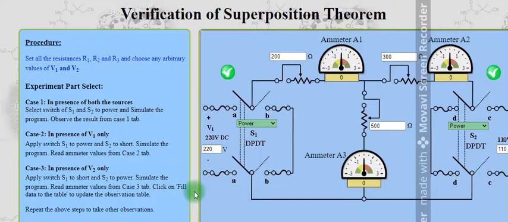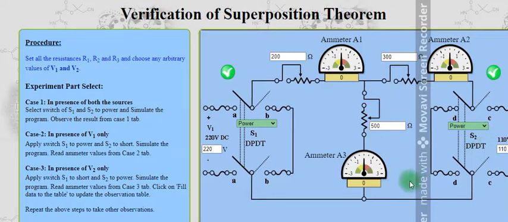So here we'll try to understand how this particular superposition theorem can be performed. So here we have the procedure, and this is the circuit diagram where there are three resistances and these are the two sources.